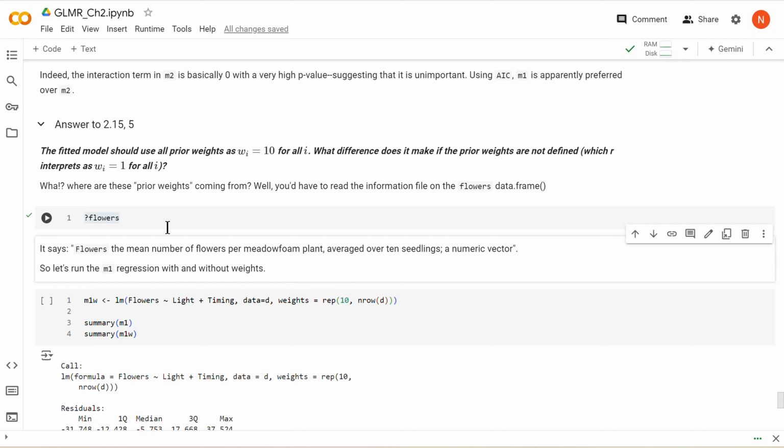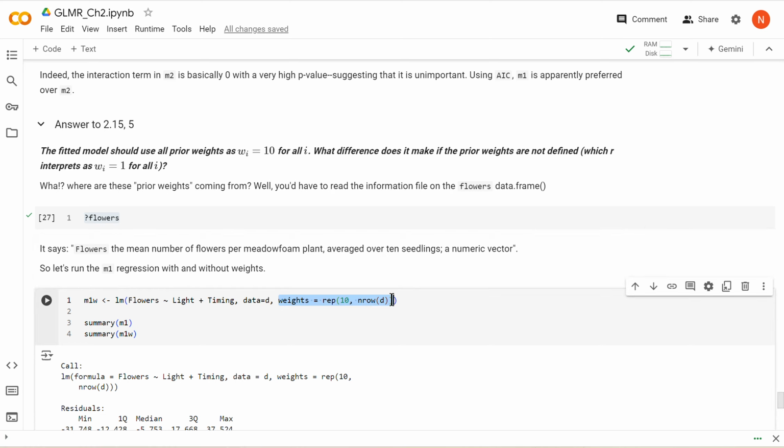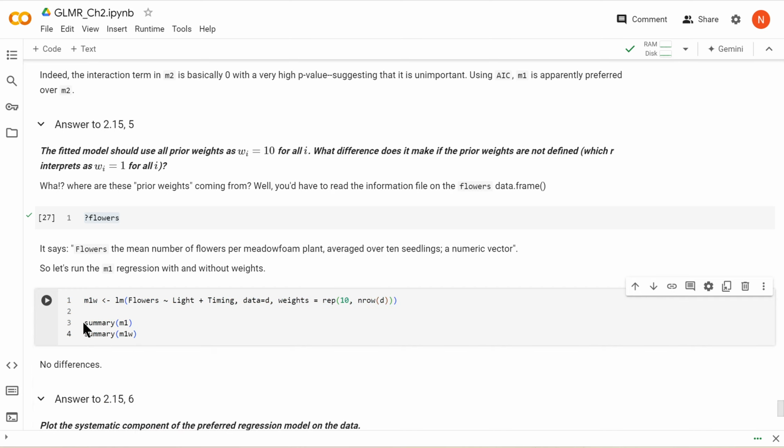So one thing that we could do is to weight each of the observations, and we can do that in R with this weights command here. Now I have my previous model, which was M1. I'm going to rerun the simpler model without the interaction, because that seems to be better. I've already run it without the weights, but now I have weights.